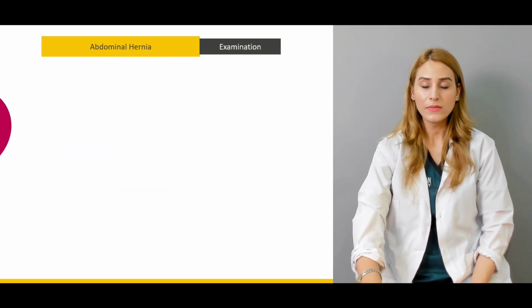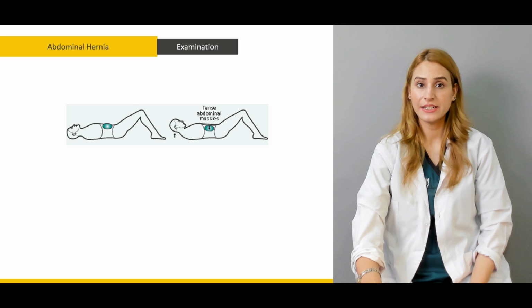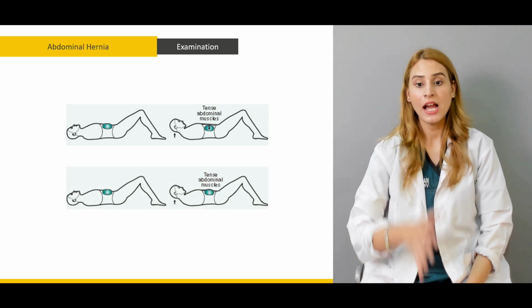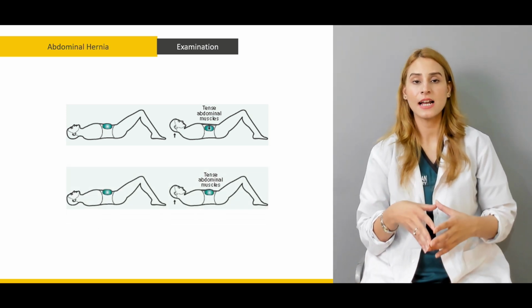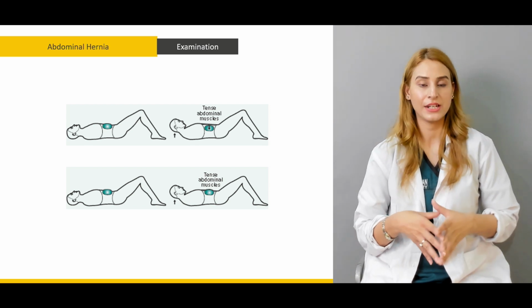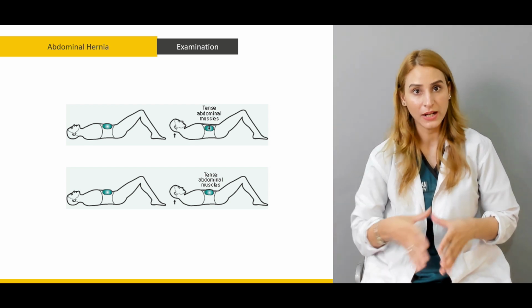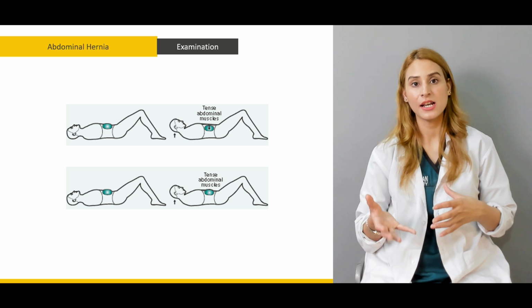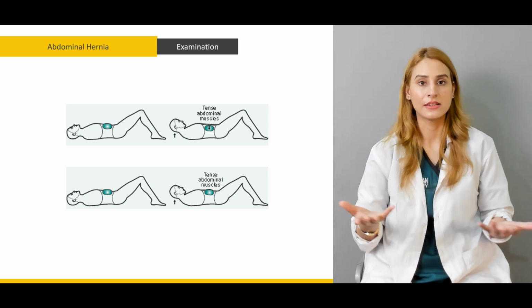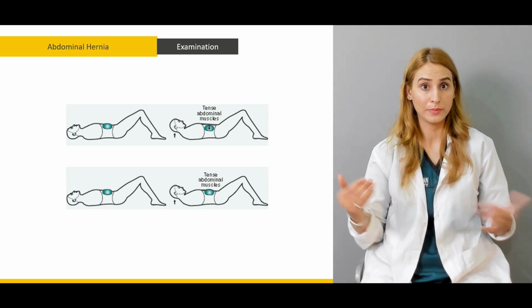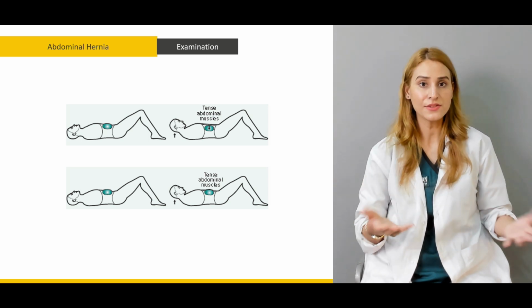What particularly are you going to look for in the examination? First of all, you need to examine the patient in a standing position, and you need to examine the patient in a supine position, because sometimes in a supine position the swelling is not visible because it reduces back in case of a reducible hernia.